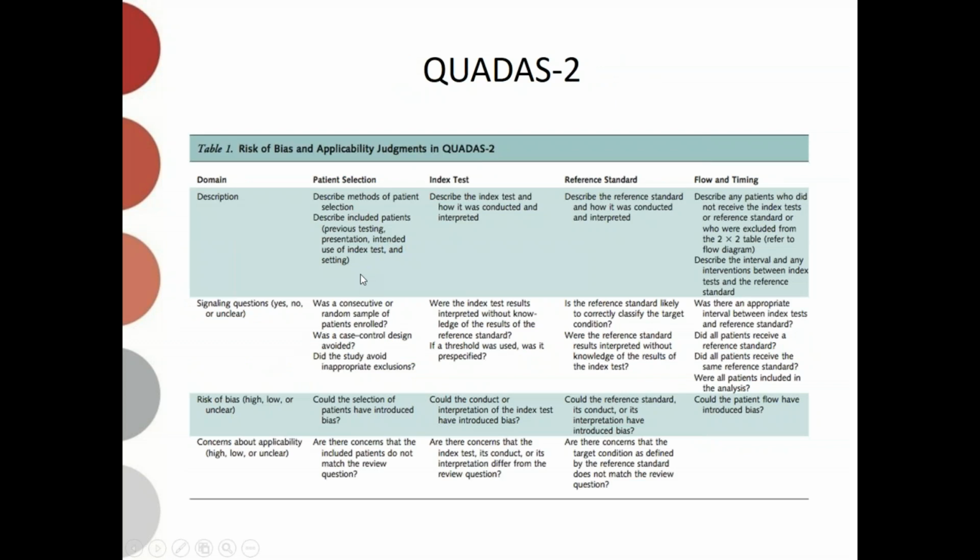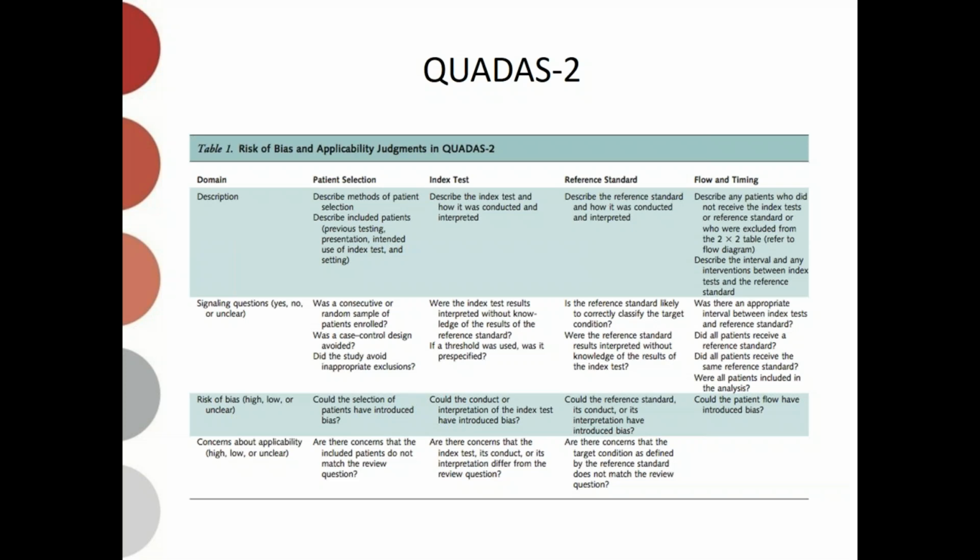For example, under the patient selection domain, you can ask, was a consecutive or random sample of patients enrolled? So you answer yes, no, or unclear based on what is found. The next question can be, was a case control design avoided? And then did the study avoid inappropriate exclusions? So you answer yes, no, or unclear based on what is reported. Unclear is normally when there's no clear information reported in the primary studies, and this happens a lot.